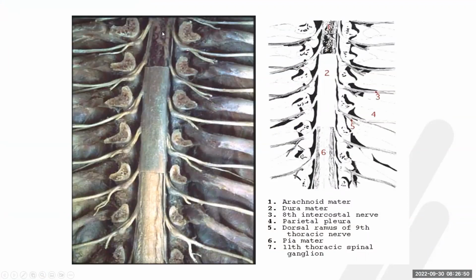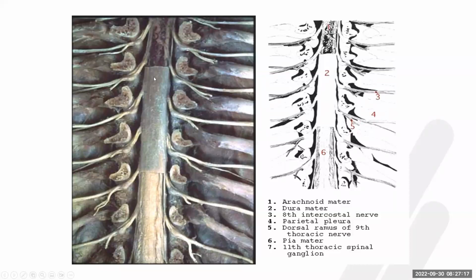As you can see, because the spinal cord is shorter than the vertebral column, nerves have to come down a little bit to exit through the intervertebral foramen. So this is the intervertebral foramen, and as you can see, the nerve goes down a little bit and obliquely, then it exits through the intervertebral foramen.